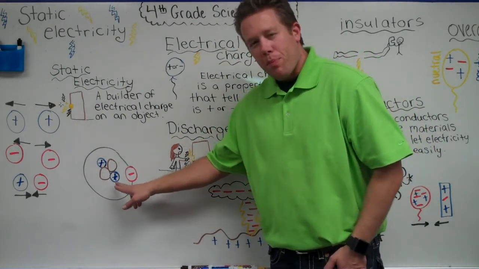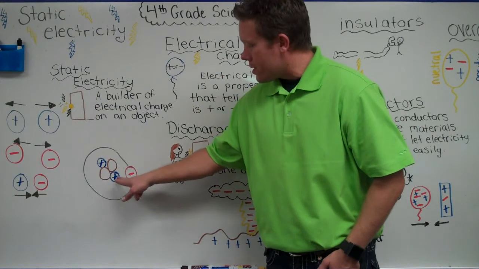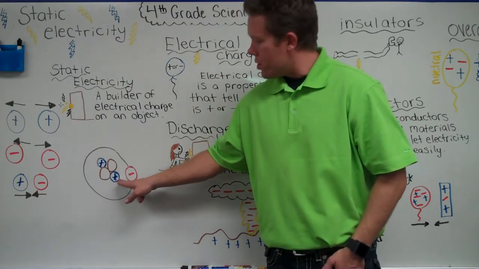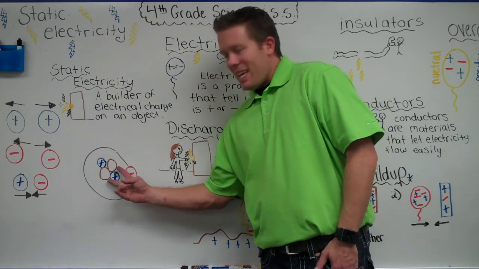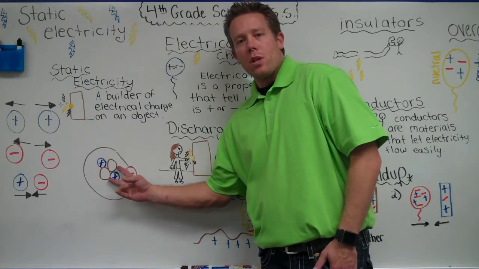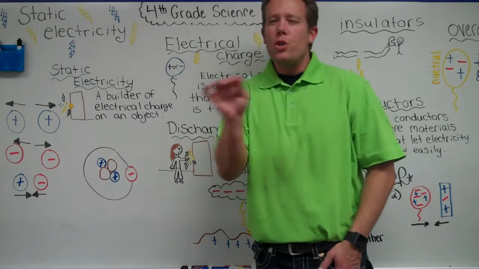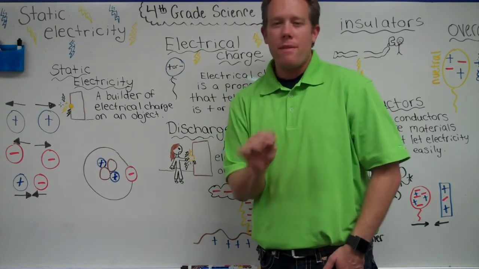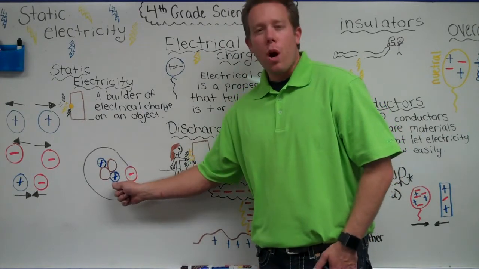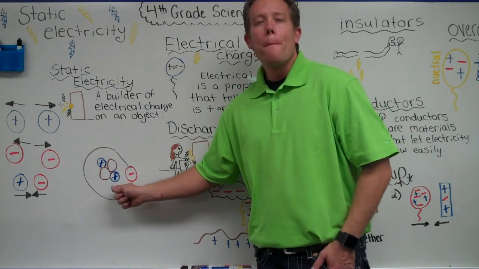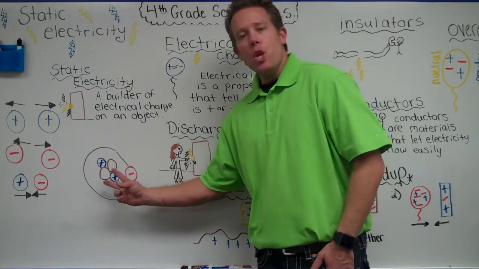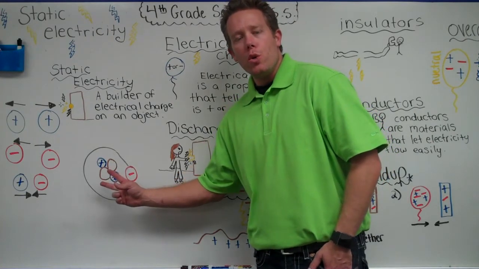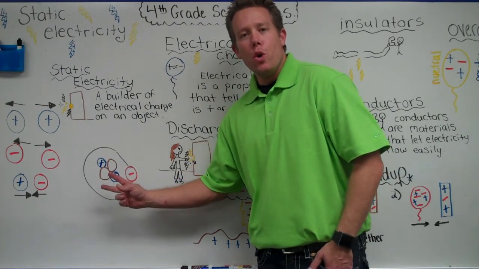Now, remember, the protons that are in the nucleus are positively charged. Inside the nucleus, next to the protons, you have neutrons. Neutrons are neutral. They don't have any charge. So protons are positive, and neutrons are neutral.